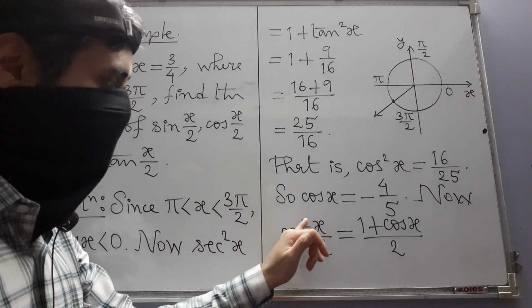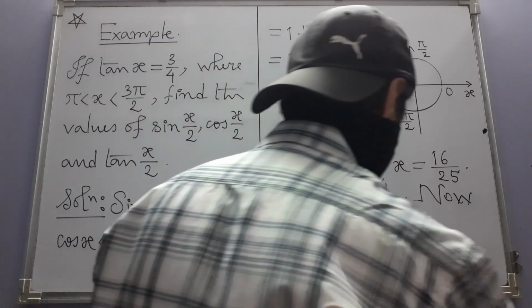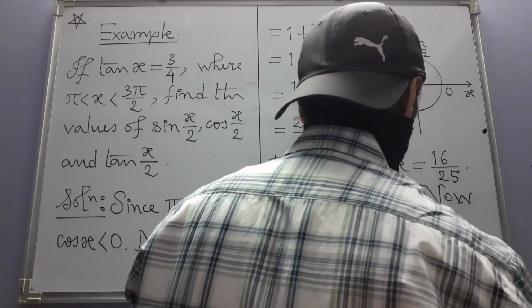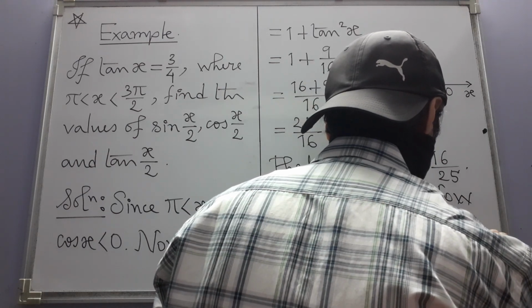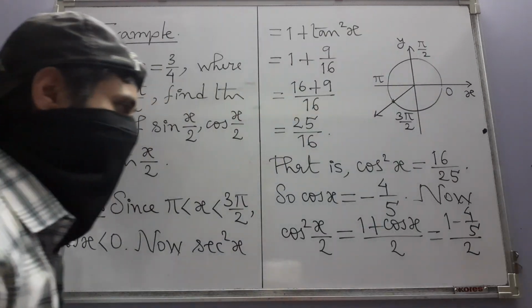So in that sense, cos square x over 2 is 1 plus cos x divided by 2. Okay, so 1 minus 4 over 5, divided by 2.